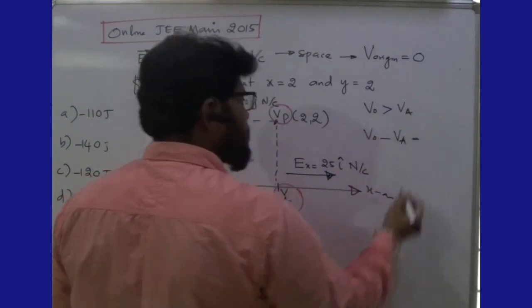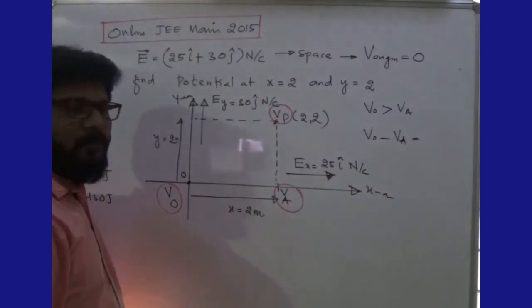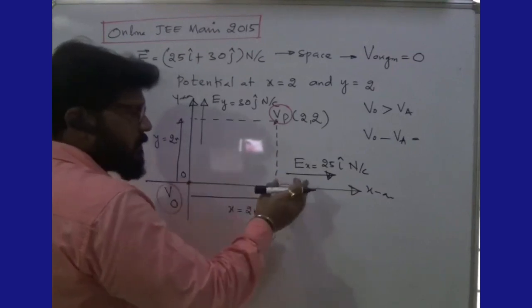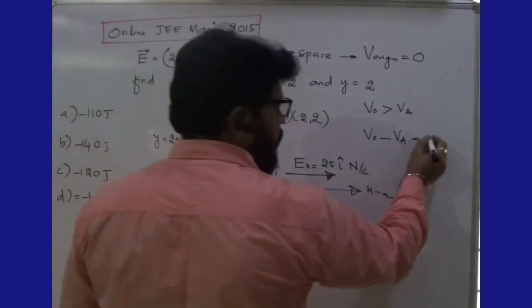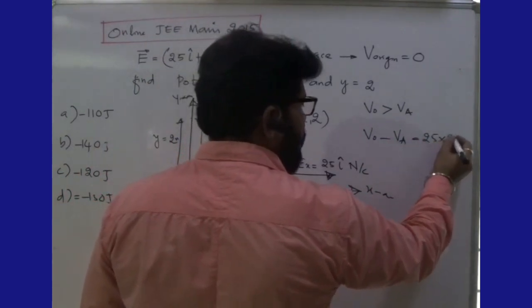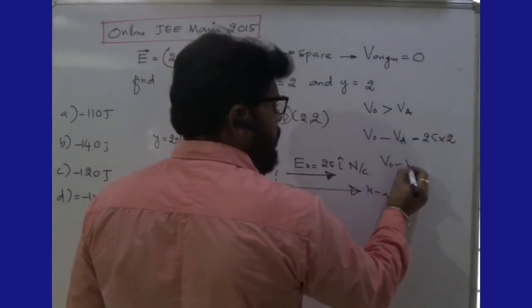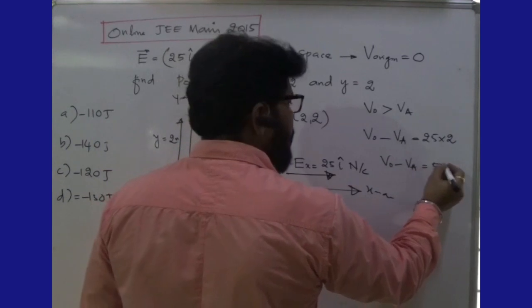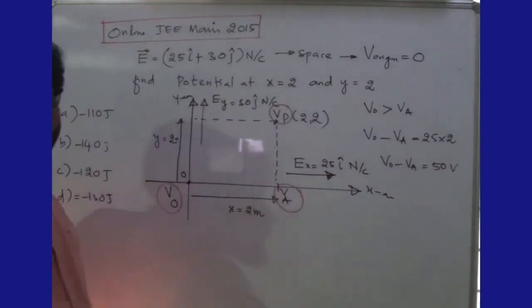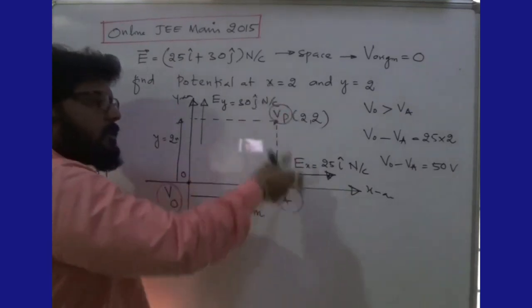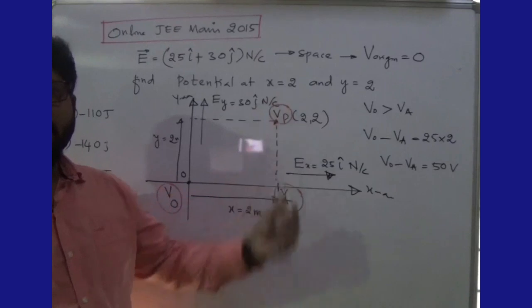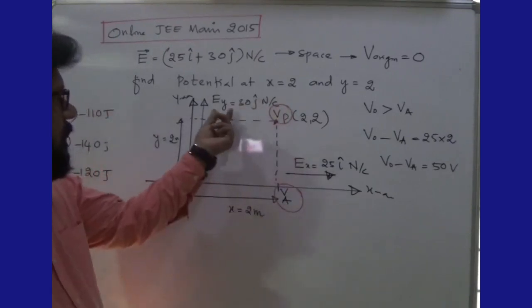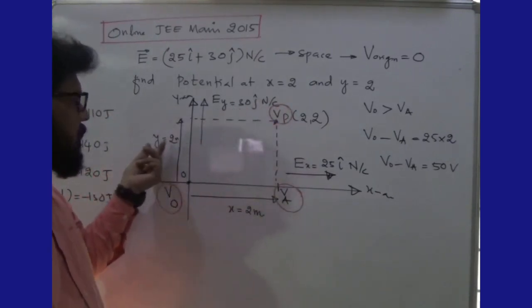So V naught minus VA, in this particular direction, is 25 into 2, which is 50 volts. First one completed. Next, VA minus VP. In this direction the field is 30 and the distance is 2.